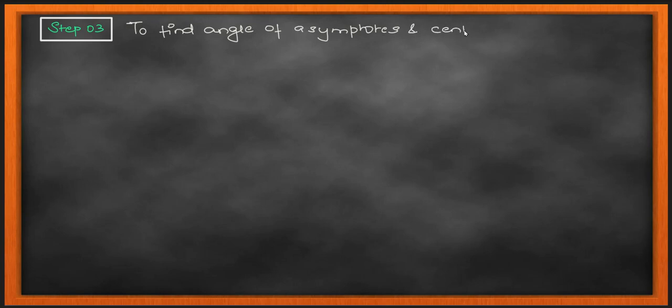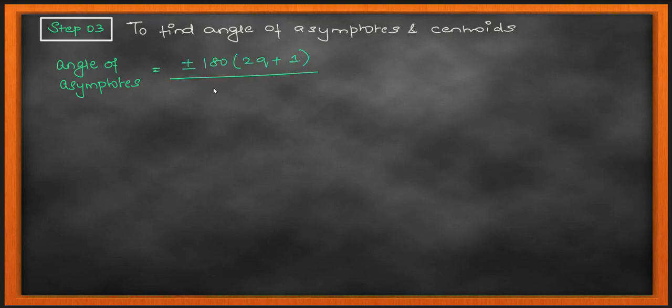To find the angle of asymptotes: what is the formula? It is plus or minus (2q plus 1) times 180 divided by the number of poles minus the number of zeros. And the centroid is the sum of poles minus the sum of zeros divided by the number of poles minus the number of zeros.